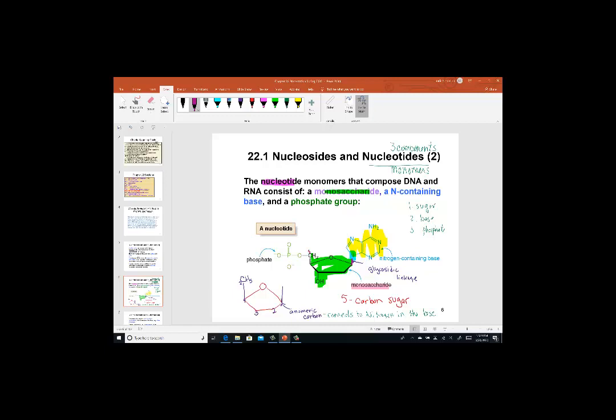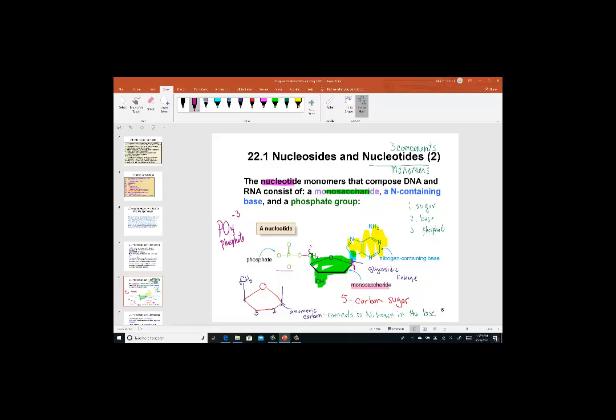Now over here we said that this was the 5 end, this is the 1. Carbon 1 attaches to the base, carbon 5 attaches to a phosphate group. Phosphate is a polyatomic ion, PO4, that carries a -3 charge. Remember from our good old polyatomic ion days, phosphate. Well, one of those charges is eliminated here with this linkage.